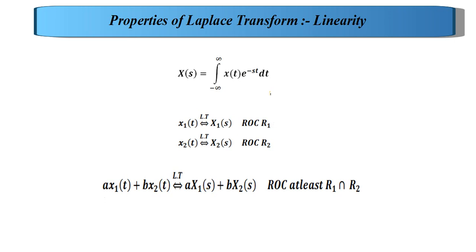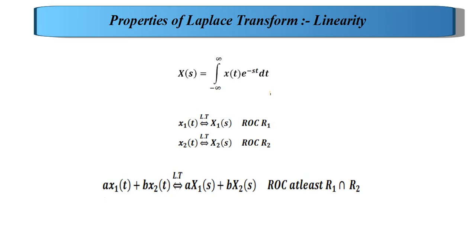It's simply the sum of the Laplace transforms of these two signals, with the corresponding constants multiplied. So the result will be a X1(s) plus b X2(s). The ROC of the new signal will be at least R1 intersection R2. So the common area we need to consider. Minimum you will get the common area; sometimes you will get more than that.